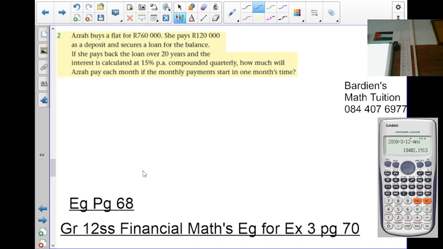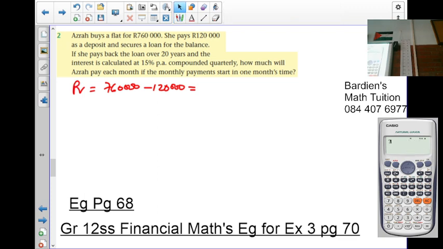So the balance is the PV value, which is going to be 760,000 rand minus 120,000. That gives you, so she needs a loan of 640,000.